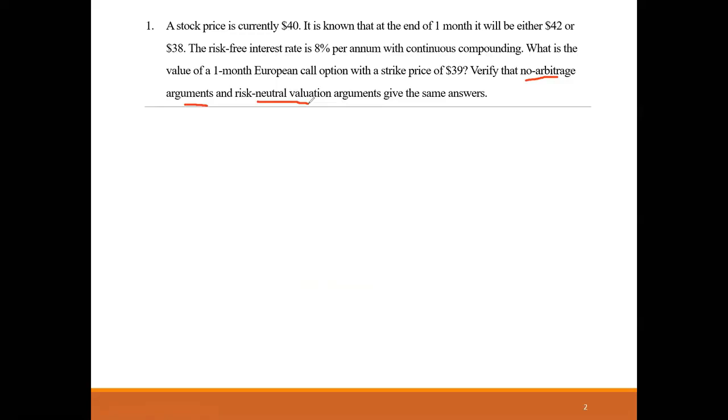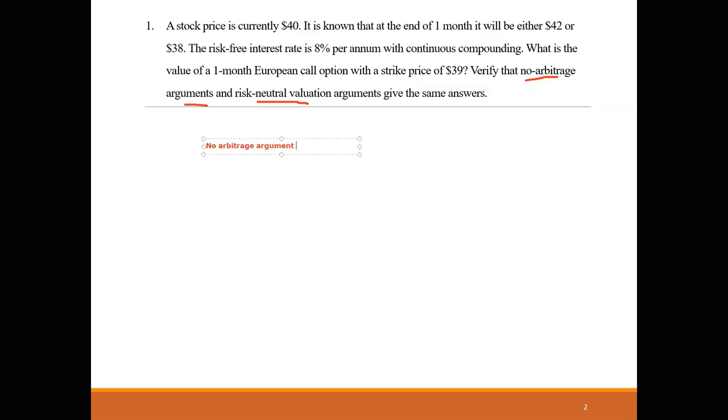So you must have learned that under the binomial option pricing model, there are two approaches that you can use. One is this no arbitrage argument, and the other one is risk neutral valuation. Under the no arbitrage argument, we create a riskless portfolio where we are certain about the value of the portfolio at maturity.